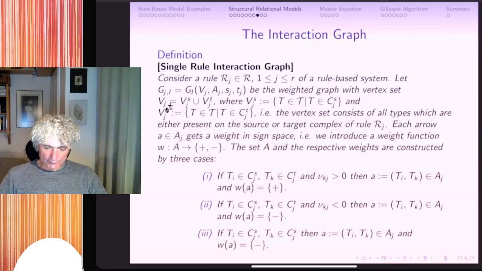Now if the ν_kj is negative, then again we have an arrow from Ti to Tk. So you have to remember that these are of course ordered relationships, and then we have a negative weight on this arrow.